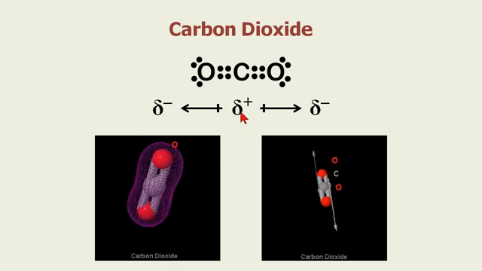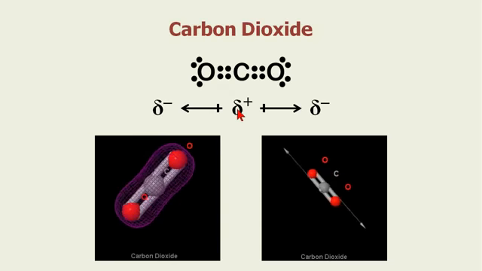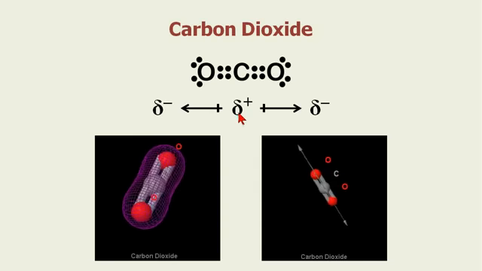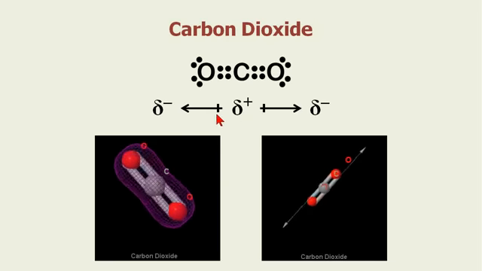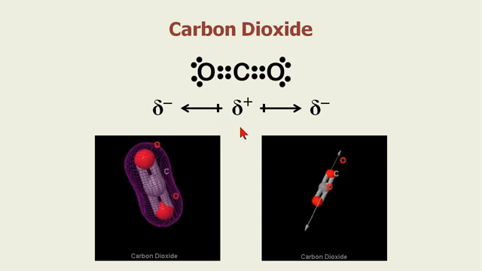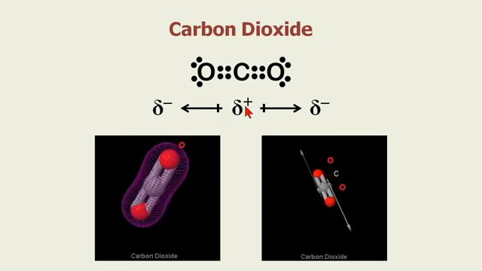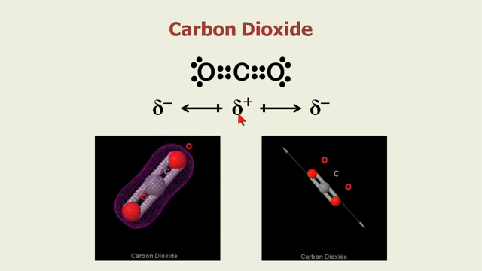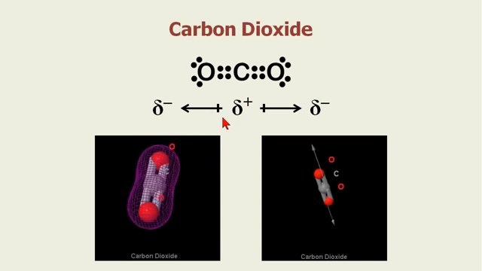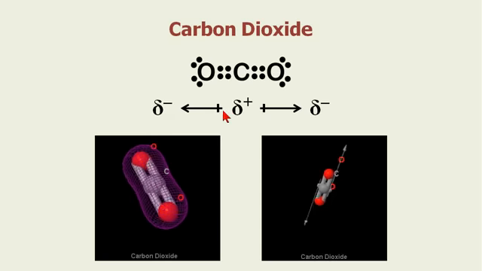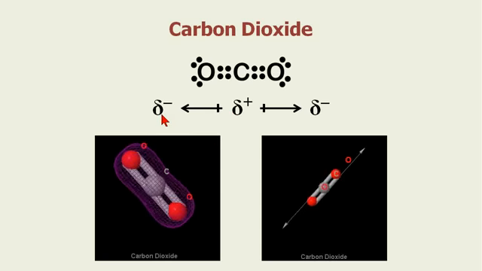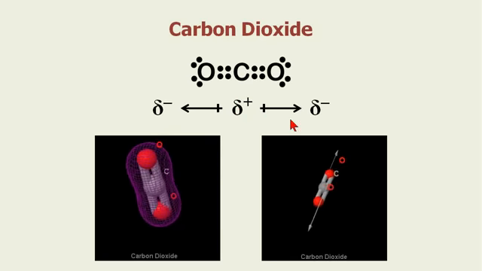And then we represent the electronegativity difference as a dipole, and that's what this arrow with the little cross is. It goes from the positive, which is a plus delta, that's just the Greek symbol for delta, to a negative delta. So it goes from a positive to a negative. And on this side, it does the same thing.